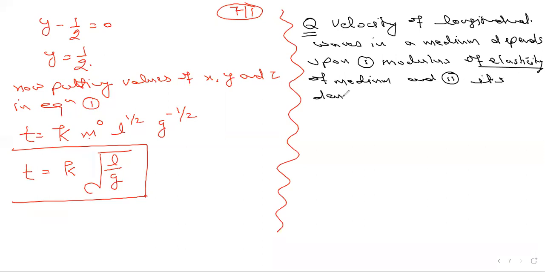Its density means the density of the medium. The modulus of elasticity symbol is capital E. Density you may choose D.